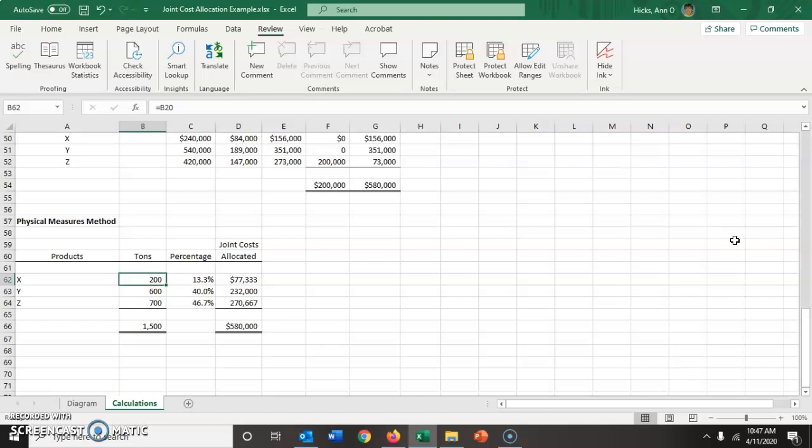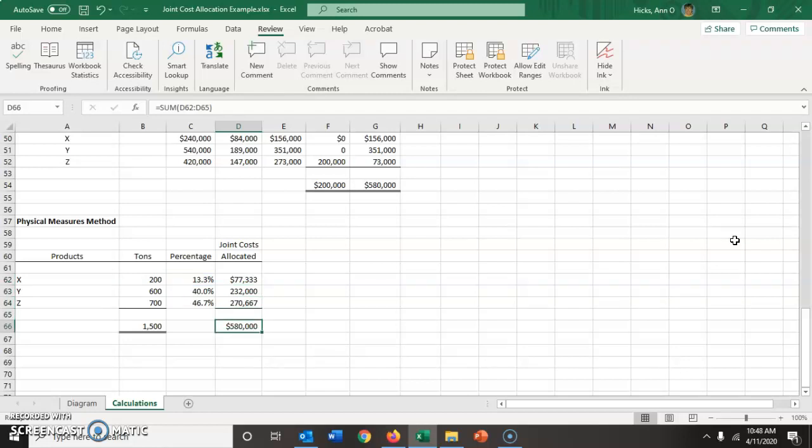And so what I've done here is draw down the amount of tons of each product that we are producing, taken the percentage of each to the total, and allocated it to the joint costs. Pretty straightforward.